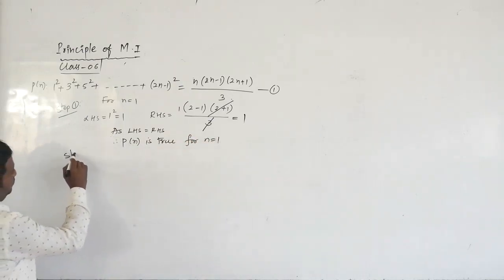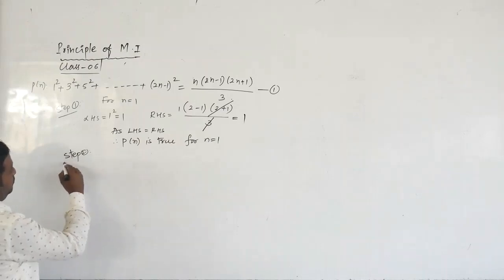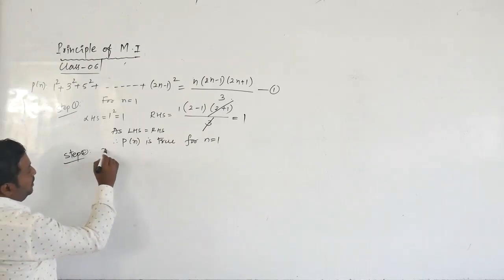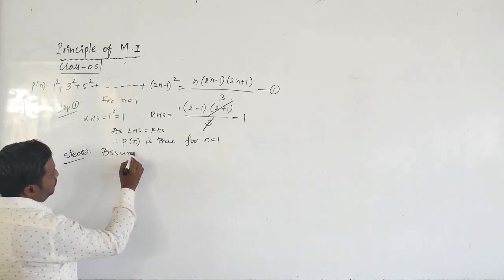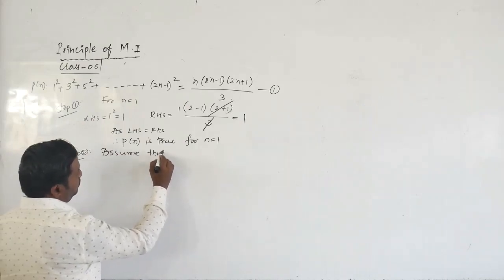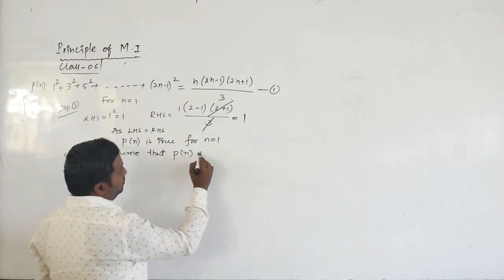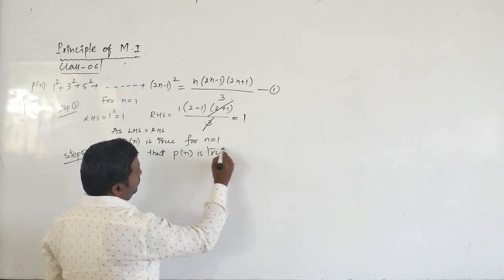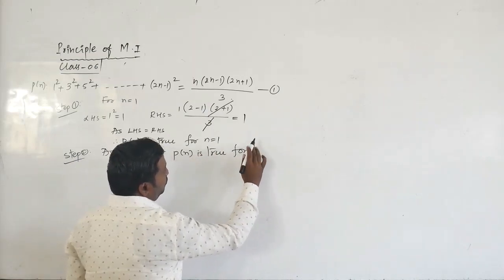Step 2. Assume that P of n is true for n is equal to k.